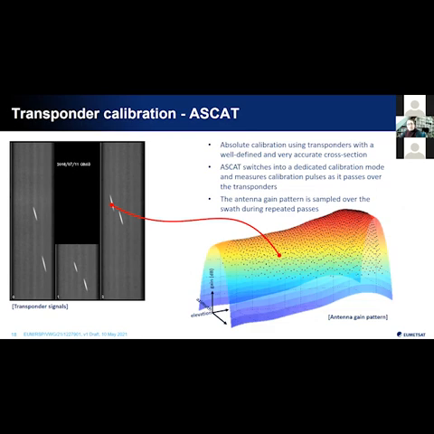And for ESCAT, we are switching into a dedicated calibration mode, and then we are measuring a signal of a very well-defined strength, and then as we repeat the passes over those transponder sites, you can basically sample the antenna gain pattern, and in this way you can generate an antenna gain pattern, and then you can use this to correct in the processing.